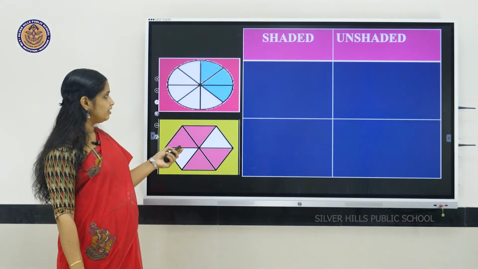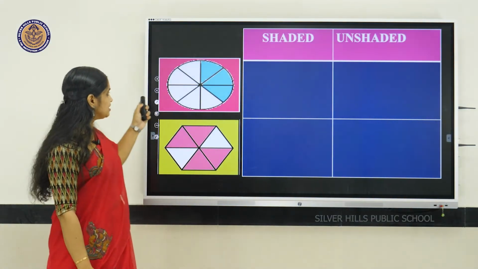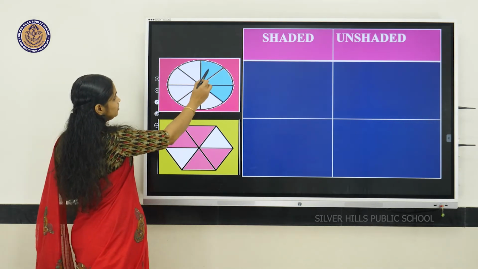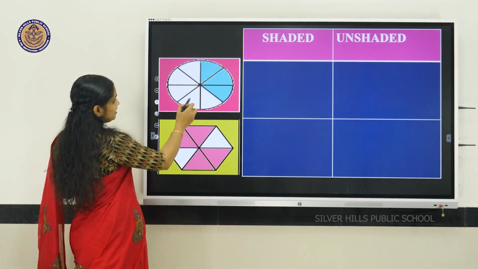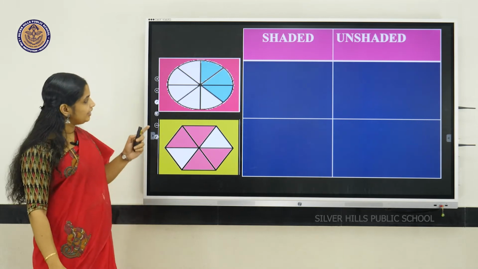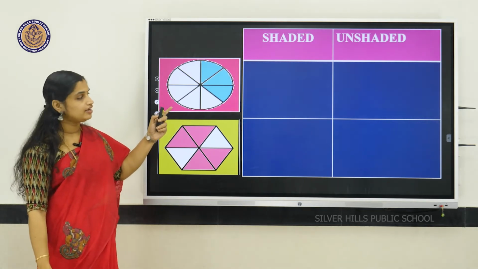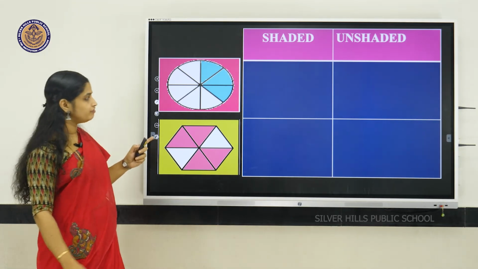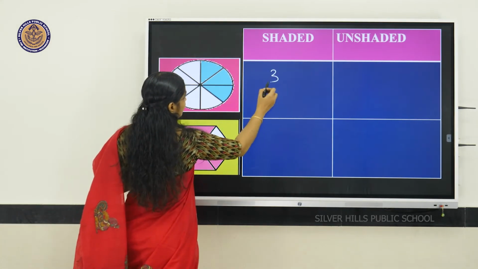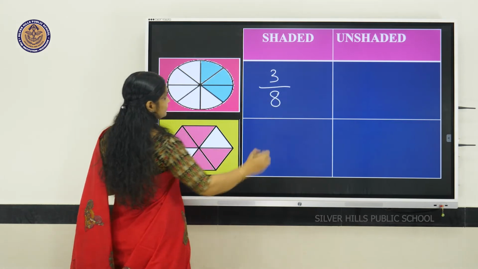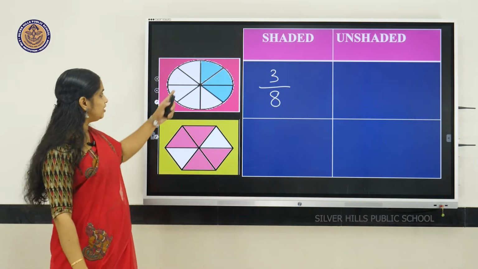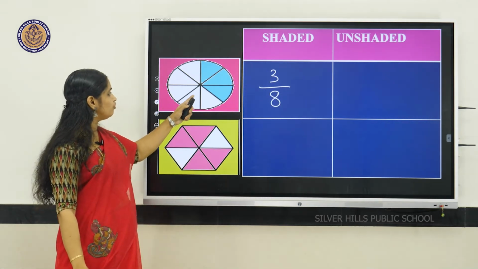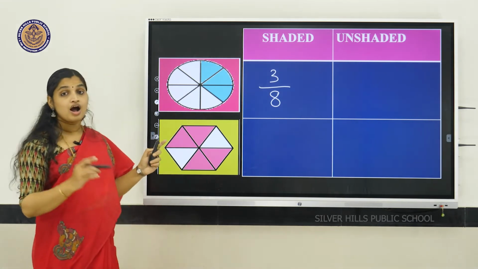Now see the next figure. Here the circle is divided into 1, 2, 3, 4, 5, 6, 7, 8 parts. And in that how many parts are shaded? 3 parts are shaded. So how can we write this shaded part fraction? 3 by 8. And what about unshaded? 1, 2, 3, 4, 5. 5 parts are unshaded.